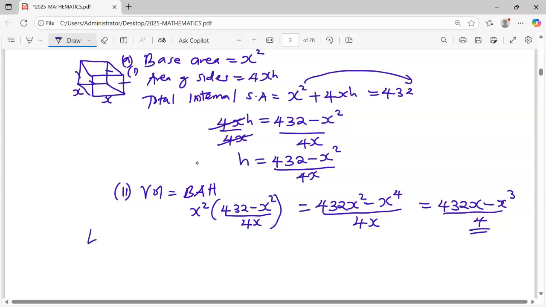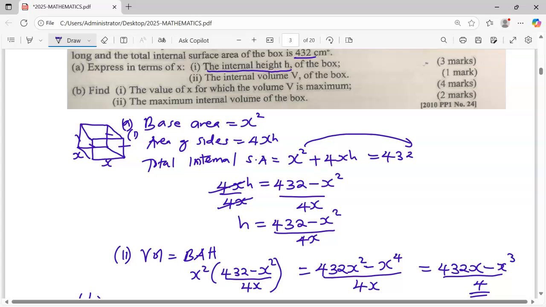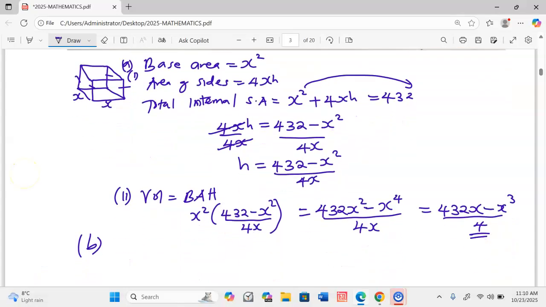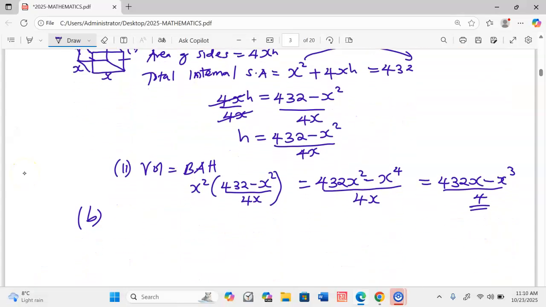We move to part B of the question, and in part B we are told to find the value of x for which the volume V is maximum. We know that at maximum volume, dV over dx will always give us 0, and therefore we are going to differentiate the given volume.